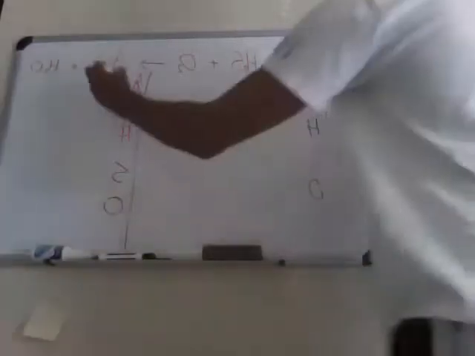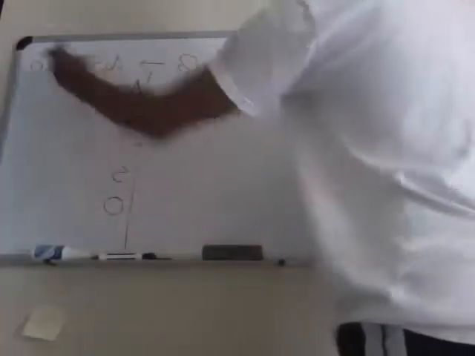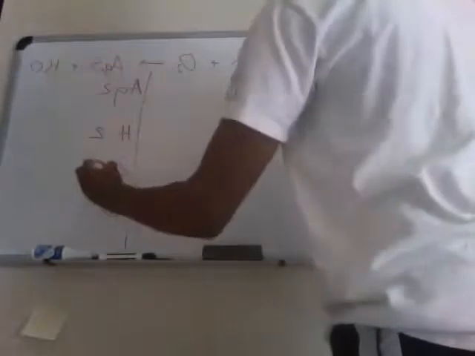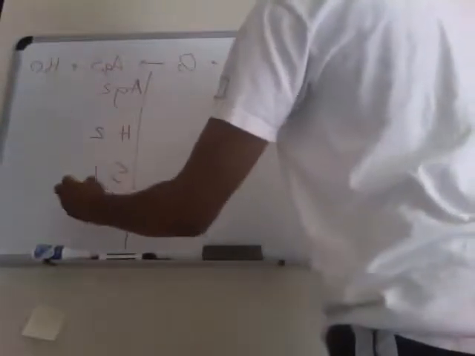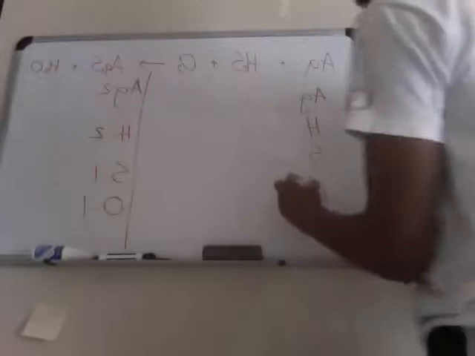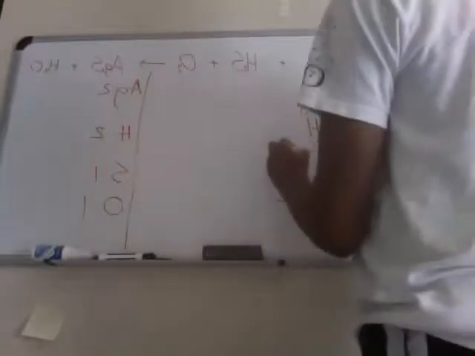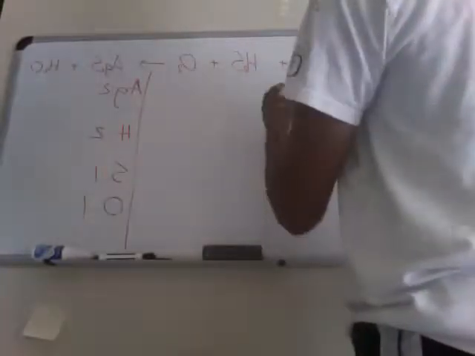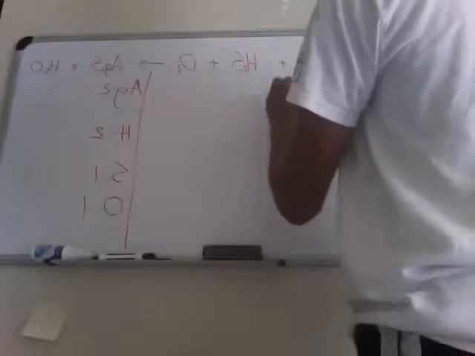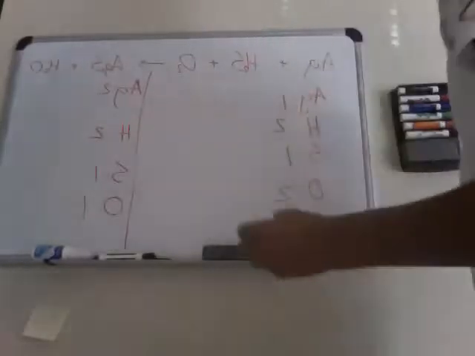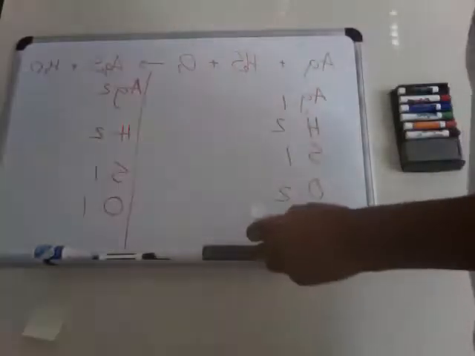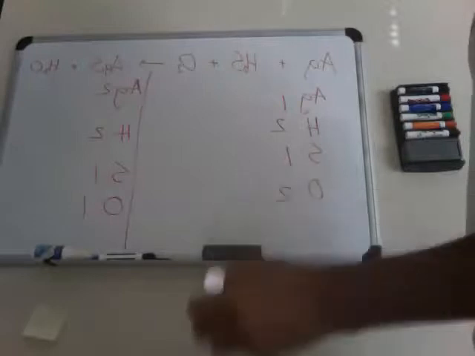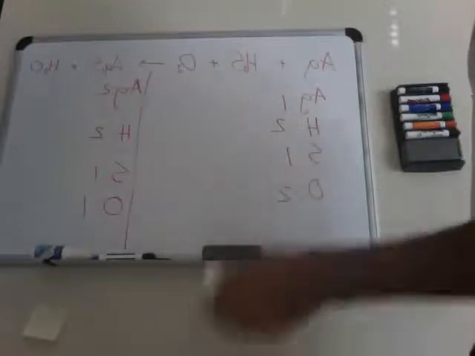So you have 2, 2, 1. Over here you have 2, 1, 2, 1. You can start at whatever point you want as long as you get all the same numbers.